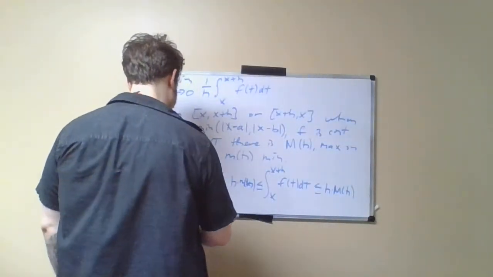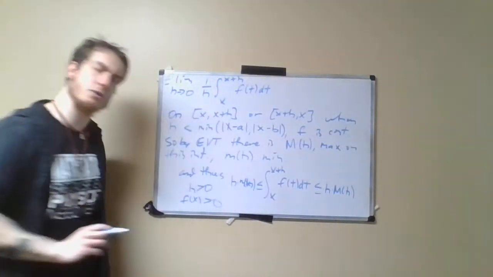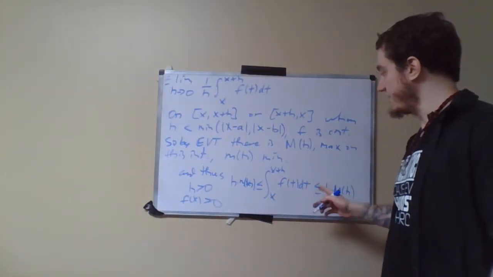Actually, this is also assuming that f of x is positive here. Let me just throw that in there. Again, if the signs change, you still get this kind of sandwiching effect.